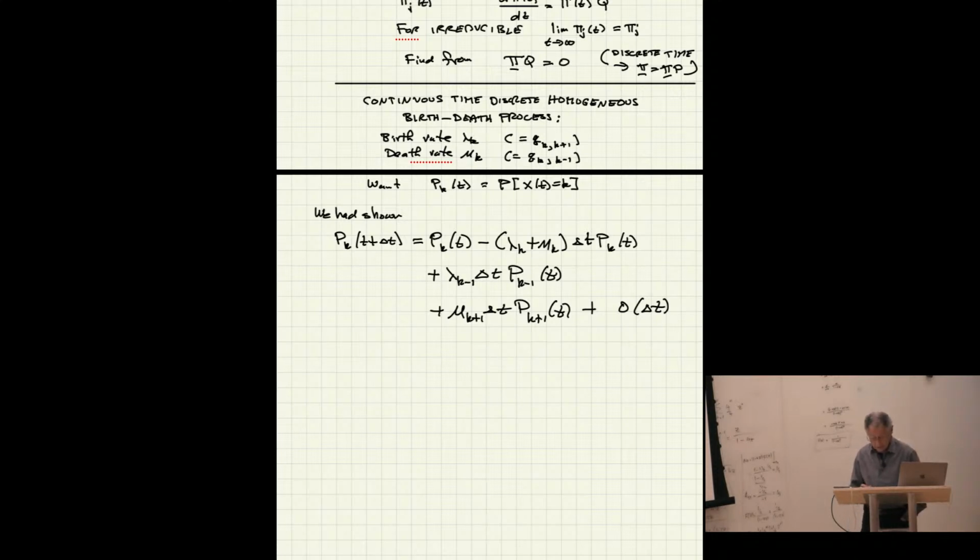A death rate mu k, going from k to k minus 1. And basically what happens is the probability of a birth in the next delta t seconds is lambda k times delta t plus little o of delta t. And the probability of a death in the next delta t seconds, given you're in state k, is mu k delta t plus little o of delta t.